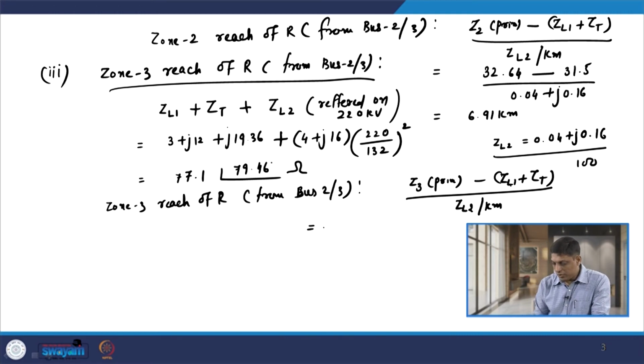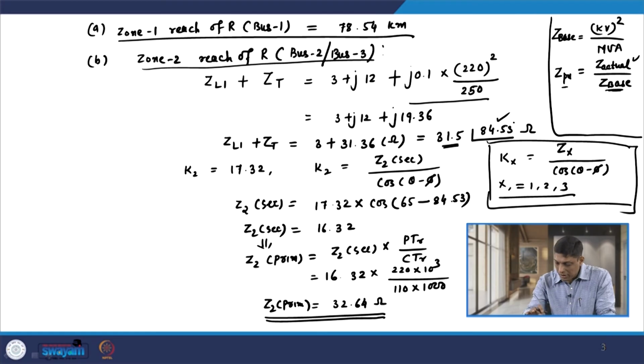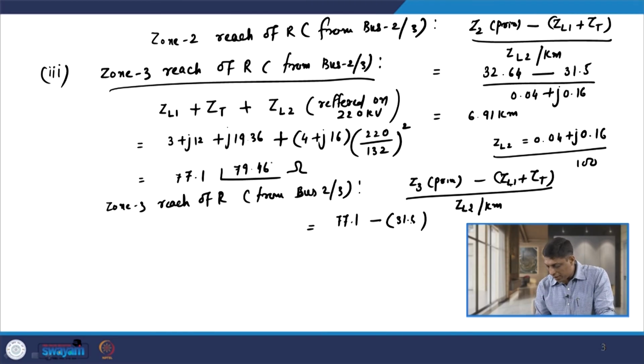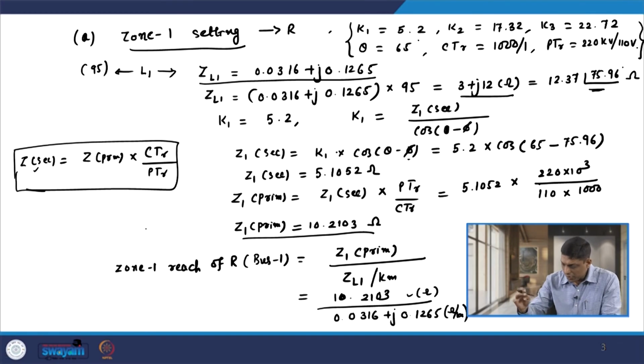This value Z3 primary we have already calculated as 77.1, minus ZL1 plus ZT, that is 31.5. But just a minute, this value is not correct, because the value you have calculated here is different. Why? Because K3 is given.